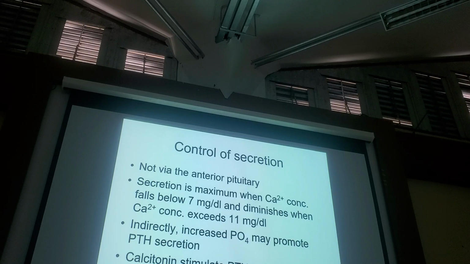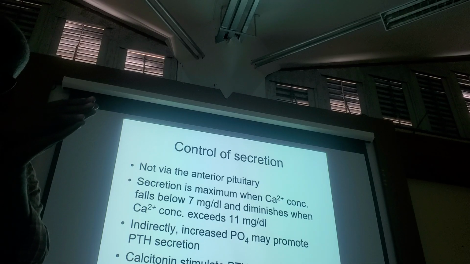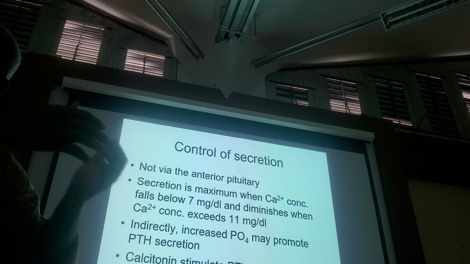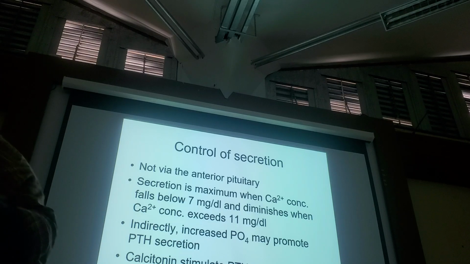Because calcitonin, as we will come to see, in patients who are immobilized after a fracture or after surgery, when there is need for bone healing and regeneration, plays more role in bone remodeling. And in that process, it tends to increase more of osteoblastic activity. So chances are that it could shift the calcium milieu a little bit lower, that it will now require PTH to boost things up.